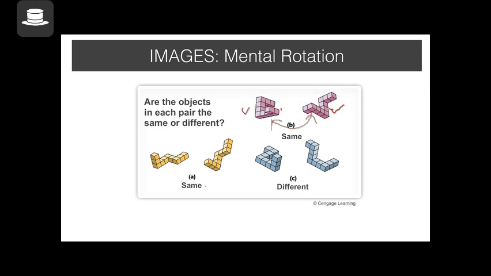In other words, an individual needed to compare two objects with a different orientation, with a lot of rotation required to compare versus a small amount of rotation.